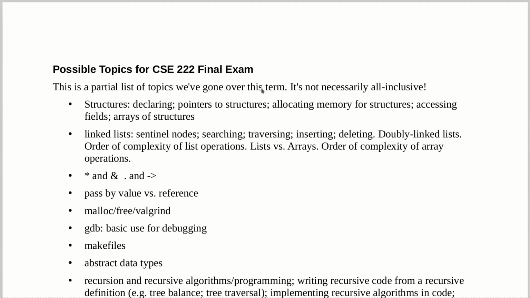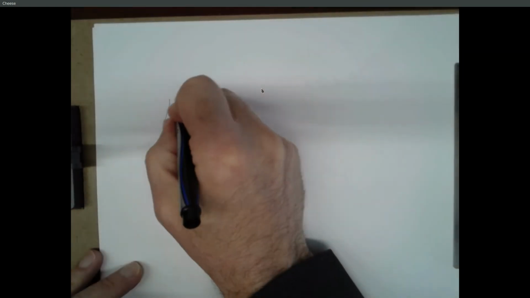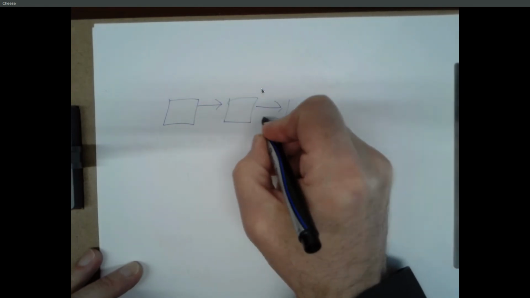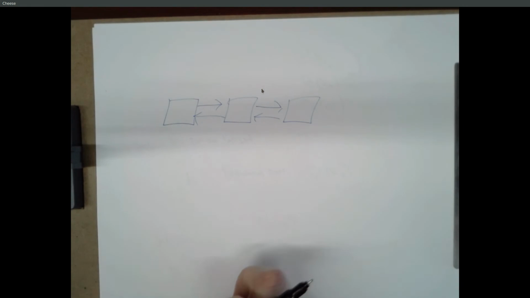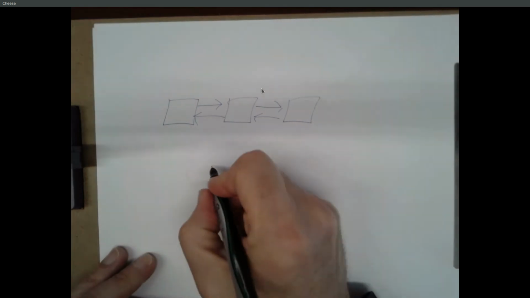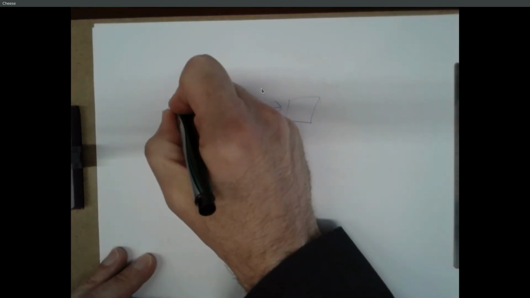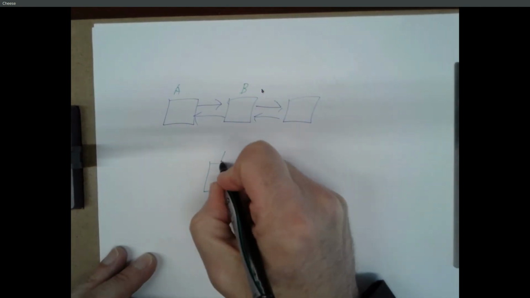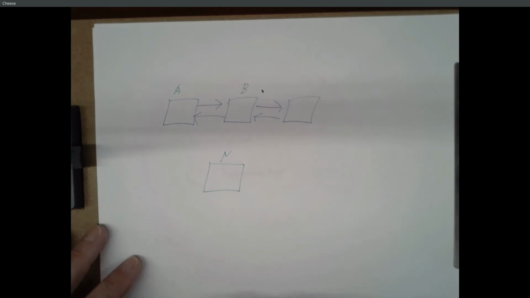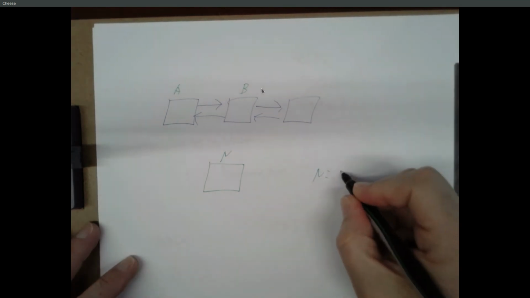Doubly linked lists, we didn't play with those, but the concept is just having a pair of pointers, and some people did this anyway because it kind of simplifies your life. So we just have these back pointers. And so if you insert, you've got a little more work to do. So let's say this is A and this is B and this is new. So what happens when we insert, right? n equals malloc.